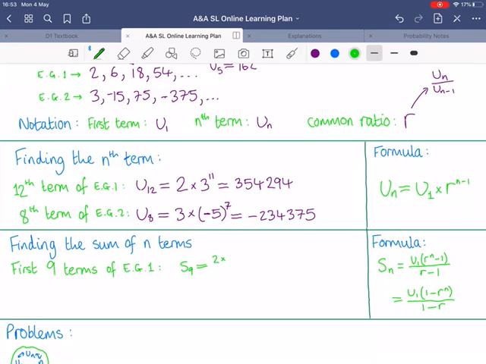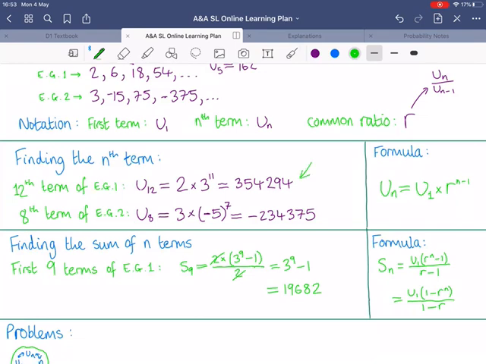So it's good to have this formula here. We would do 2 times 3 to the power of 9 minus 1, over 3 minus 1, which is 2. 2 and 2 will cancel out, leaving me with just 3 to the power of 9 minus 1, which is simply 19,682.